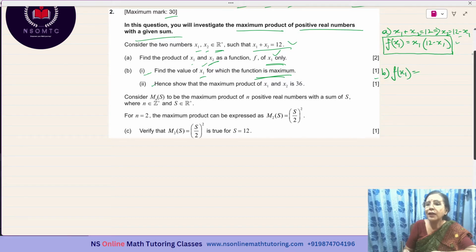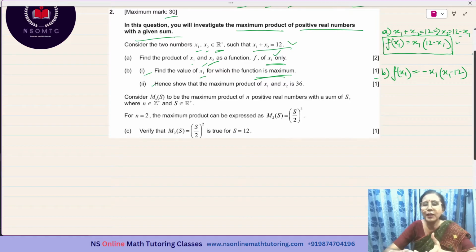This one can be written as, taking this negative sign outside, negative x1 times x1 minus 12. So definitely it is a quadratic expression and the zeros of this quadratic expression will be x1 equal to 0 and x1 equal to 12.